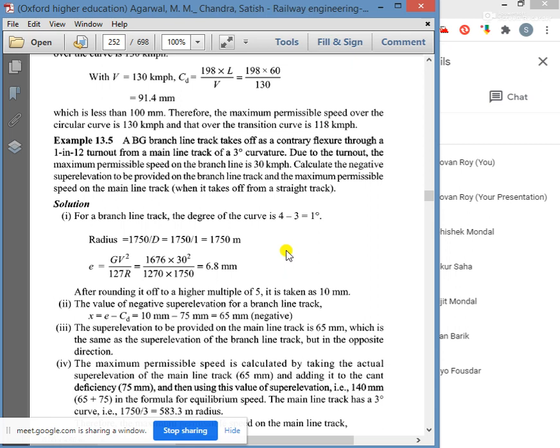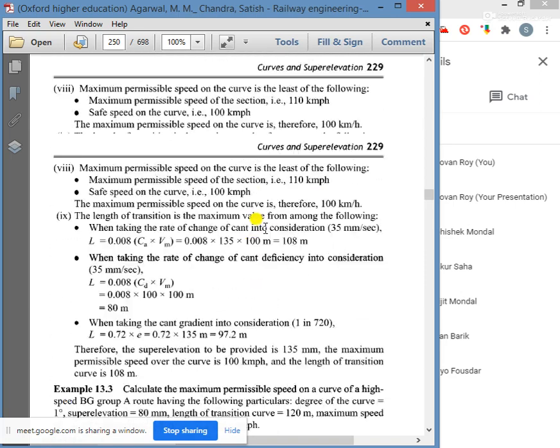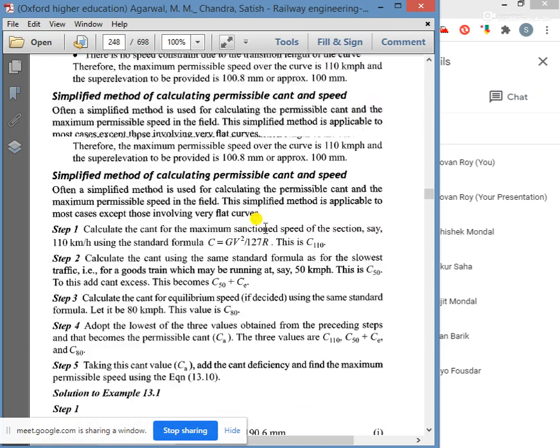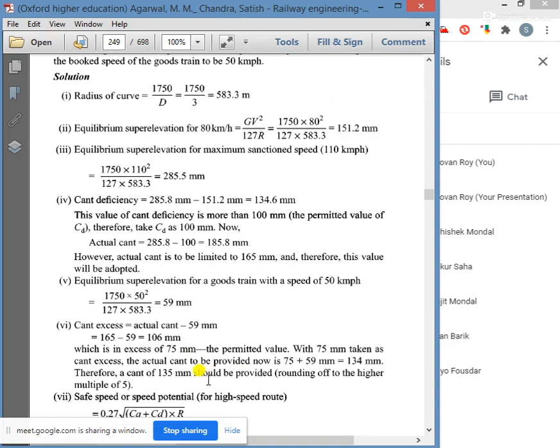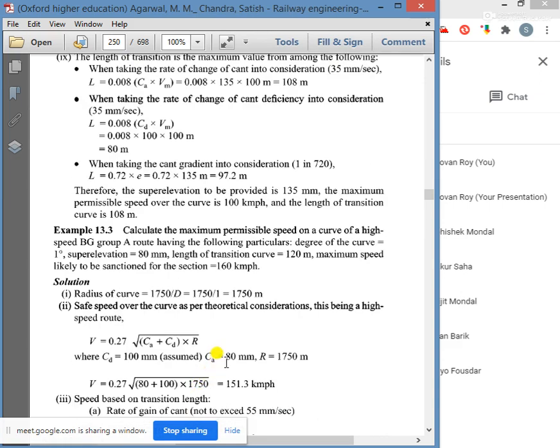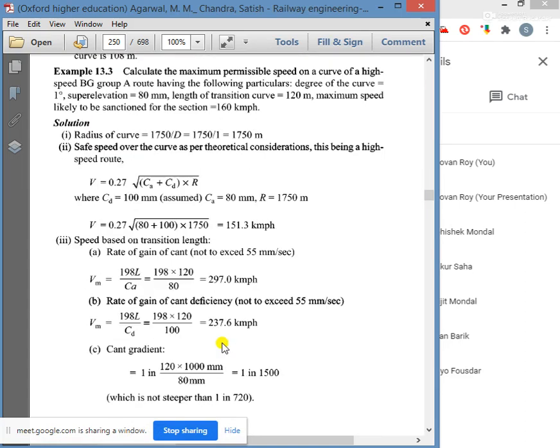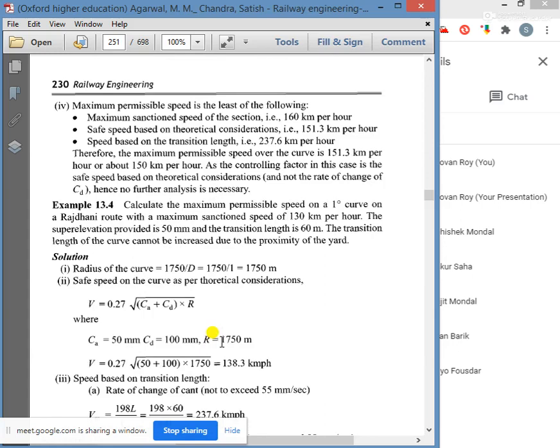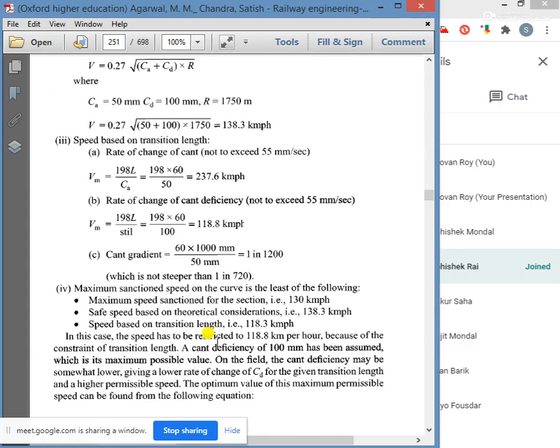I have already discussed what negative super elevation is. If such problems come, you have to find out in the numerical question what the negative super elevation should be for your branch line and what the speed of the vehicle should be on the main line.